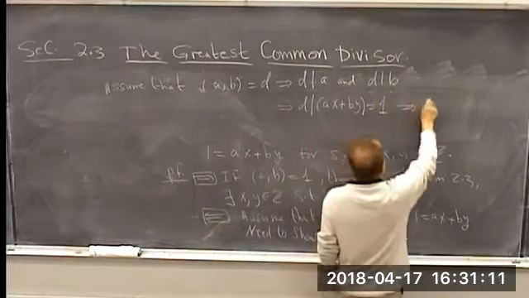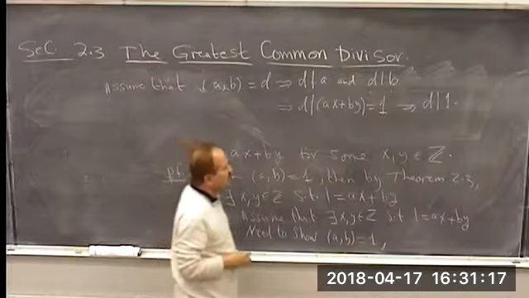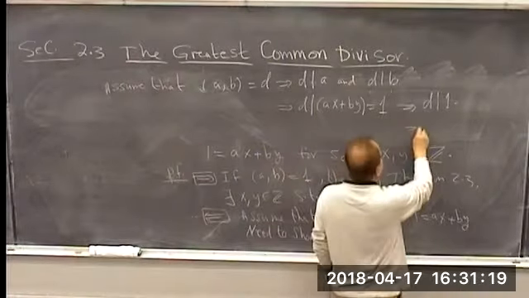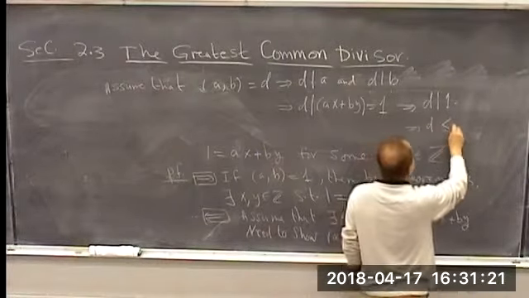So this implies D divides 1. And this in itself implies that D is less than or equal to 1. But by definition, D must be positive, okay? So it must be bigger than or equal to 1. And that will take care of the proof, all right?